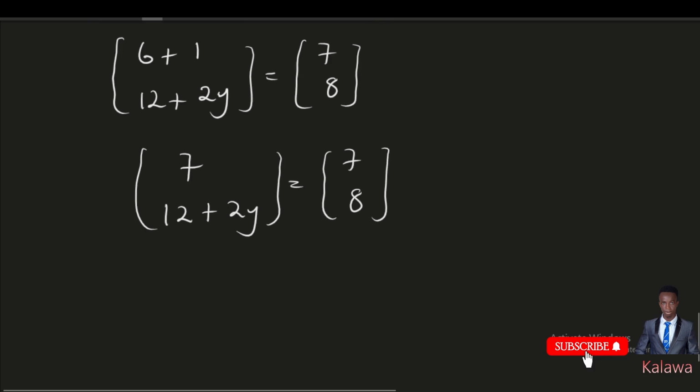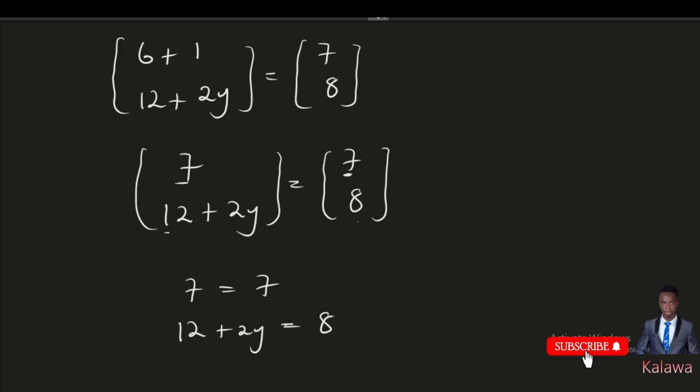So we go again. Remember, this is the equals sign, meaning the first column must equal the first column, and the second column must equal the second column. So we say 7 equals 7, and then 12 plus 2y equals 8.